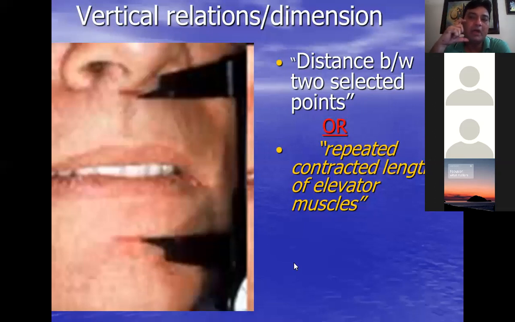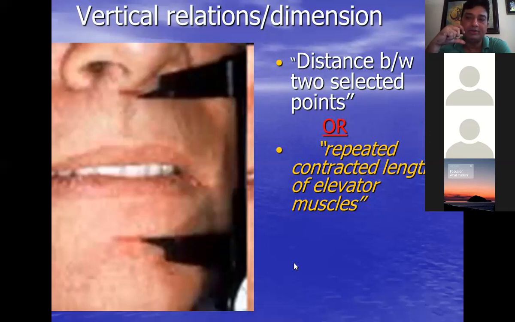So my elevator muscles contract and relax, contract and relax. That means my muscles are contracting at a specific length and relaxing, contracting and relaxing. So this contractile length is basically my vertical dimension of occlusion. Even if I lose my teeth, this contractile length of my muscles is there.